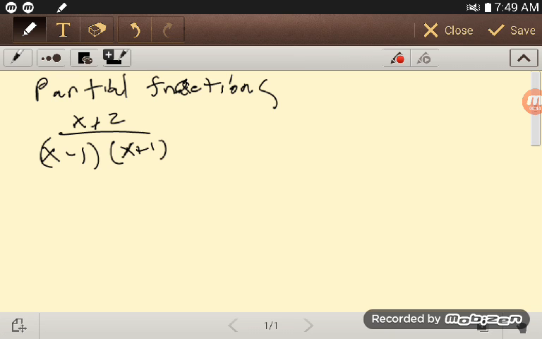It's a proper fraction in that the top has a lower degree than the bottom. Then it says, if I can factor it like this, then I can write that as some constant A over x - 1 plus some constant B over x + 1.